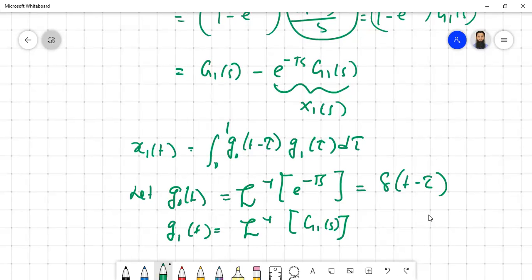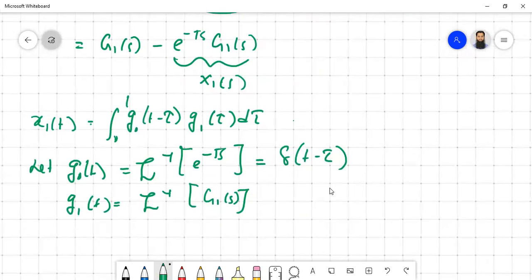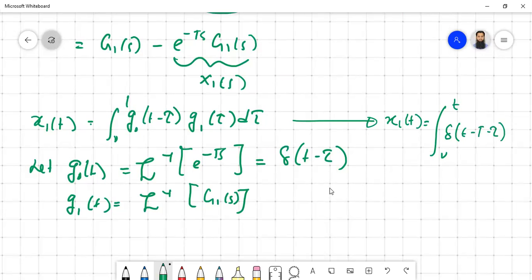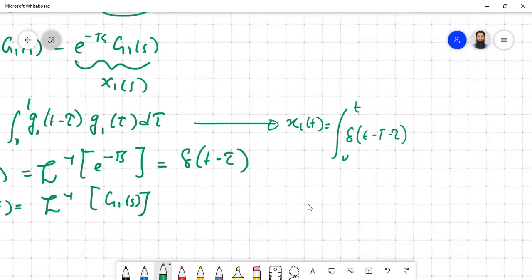So we can replace these values into this equation, and this equation will give us the time domain function X1(t) as the integral from 0 to t of delta(t minus tau minus T), the delay, G1(tau) d tau. So basically the magnitude of G1, whatever it is, will be at this delay. So we can simply write G1(t minus T).